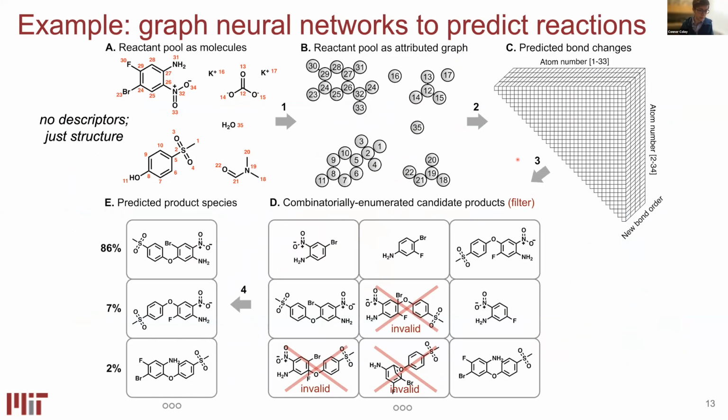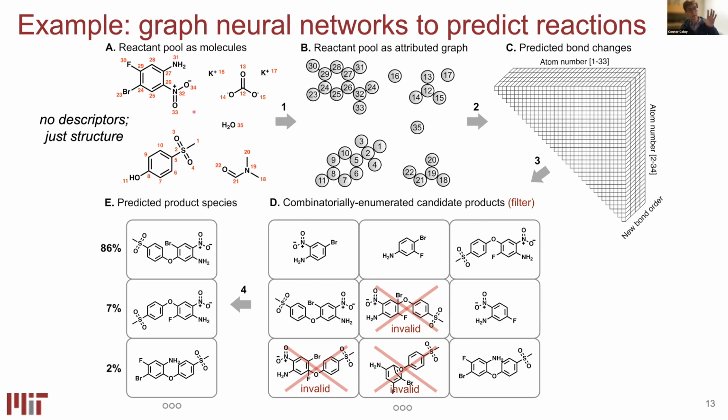In the forward direction, here's another example of a study from a few years ago now, where we looked at a graph representation to try to predict the products of chemical reactions. So if we're thinking about chemical reactions that are not elementary steps, but rather, A plus B goes to C, as a chemist would publish in a paper, we can think about the reaction as the rearrangement of bonds in a molecular graph. And so what we can do is we can train a graph neural network to predict those changes.